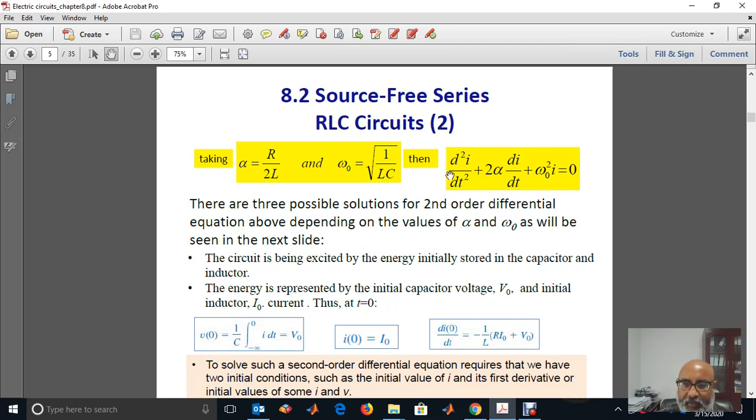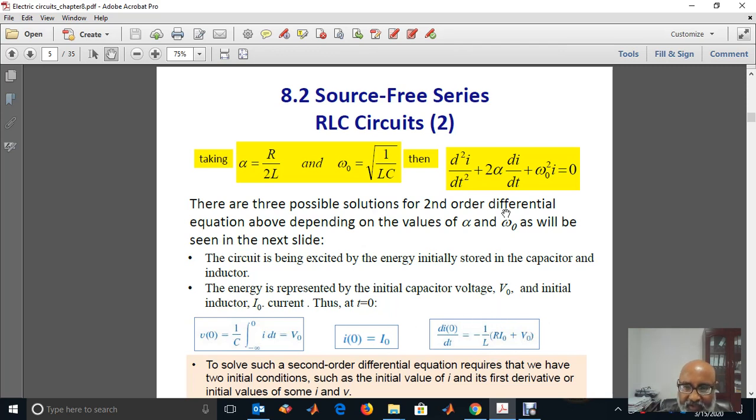We can solve this equation if we have two initial conditions. The initial conditions are the current I at 0 and the derivative of I at 0. The current I at 0 means the initial current of the inductor, and di by dt at t equal to 0 is given, from the KVL, by negative 1 over L times R I naught plus V naught in brackets.